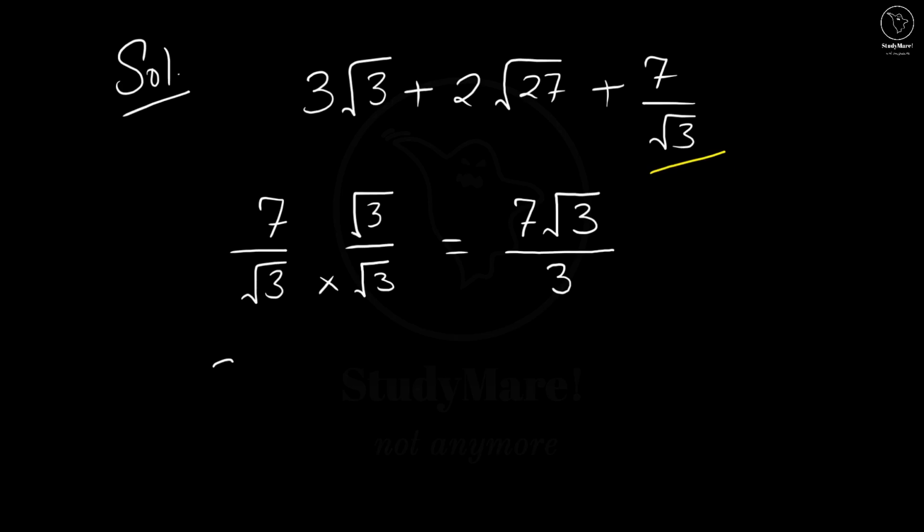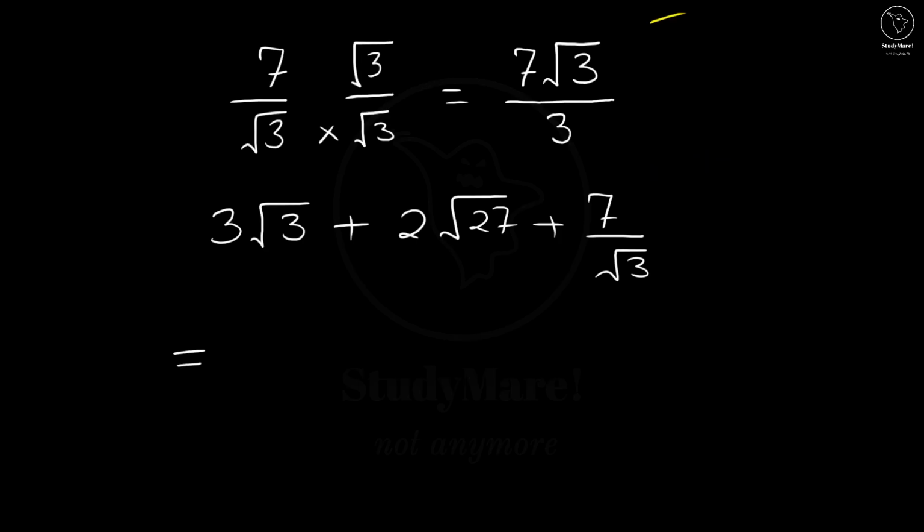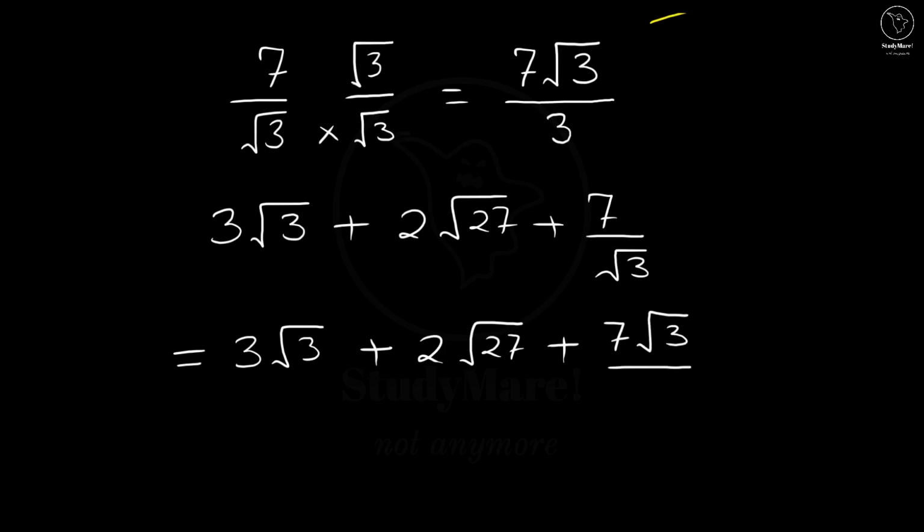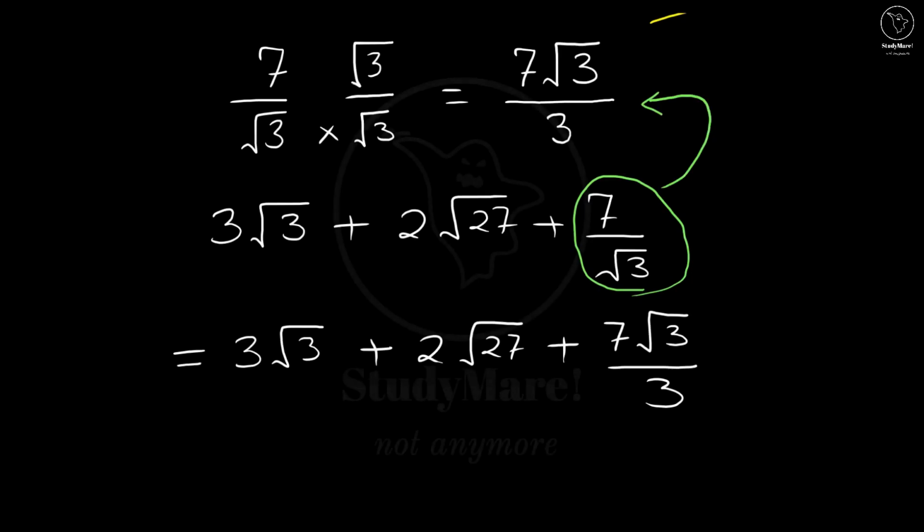It means 3 root 3 plus 2 root 27 plus 7 upon root 3 can be written as 3 root 3 plus 2 root 27 plus 7 root 3 upon 3. Reason? We have already rationalized the denominator and got the value of 7 by root 3 as 7 root 3 by 3. So we have simply substituted the value.